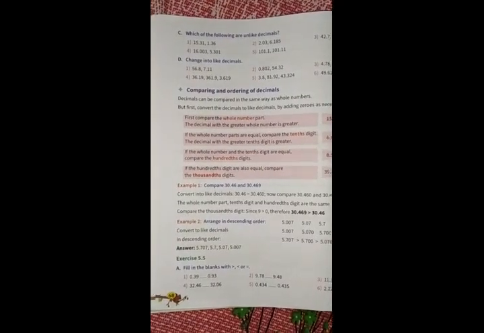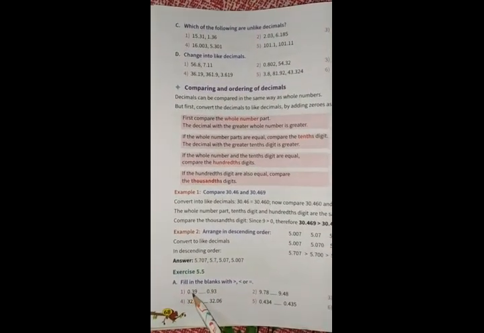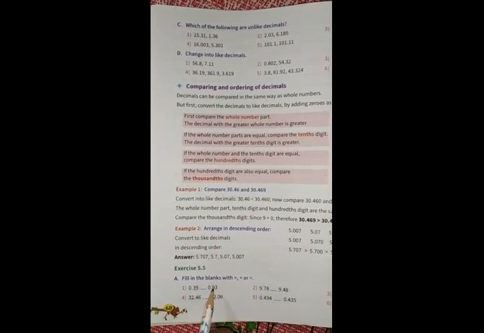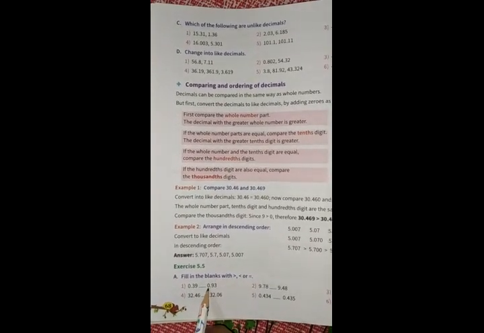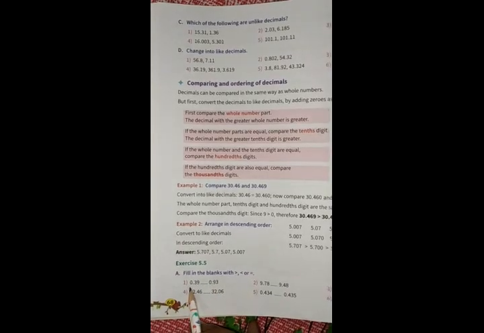Now exercise 5.5, fill in the blanks. We have to compare the decimal numbers. First, 0.39 and 0.93. First compare the numbers before the decimal. Before the decimal, 0 and 0, both are the same.